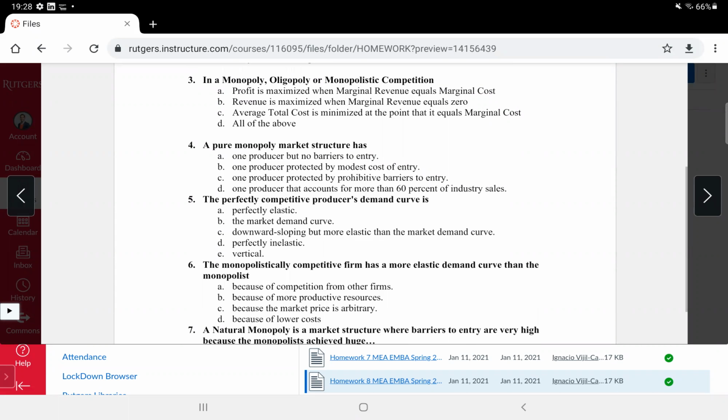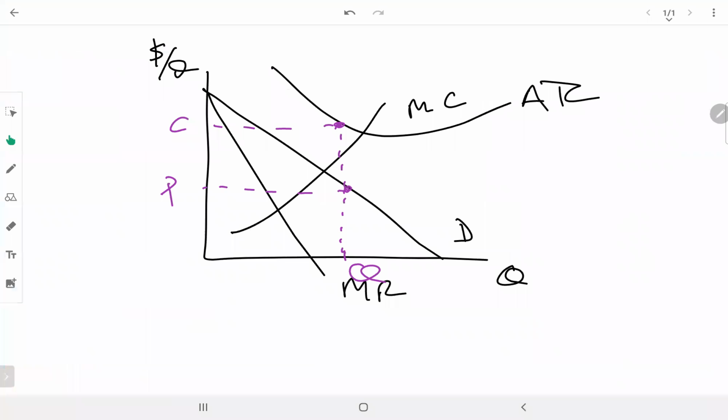So number 3, in a monopoly, oligopoly, or monopolistic competition. So why is it phrased like that? So we know that we're looking at a firm level diagram that looks like this, right? With the demand that is downward sloping, because we also saw that in perfect competition, remember, the demand was a straight line.